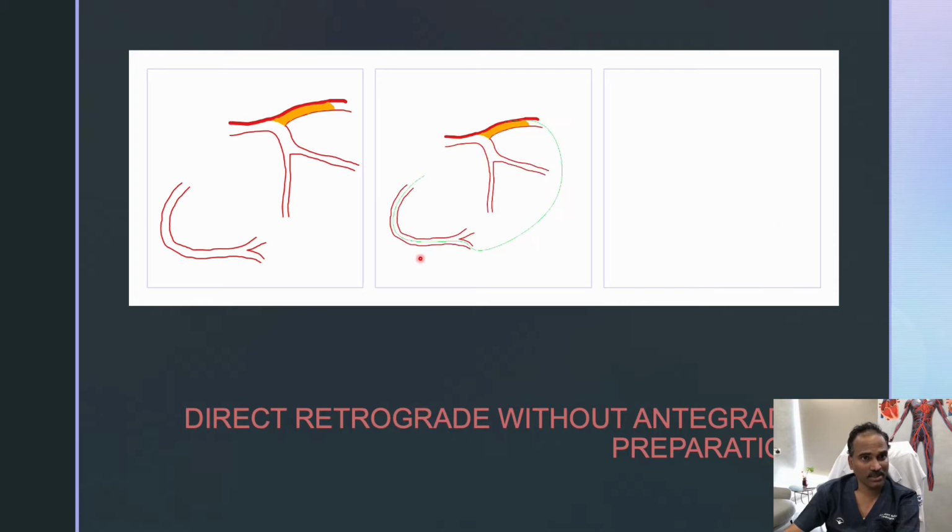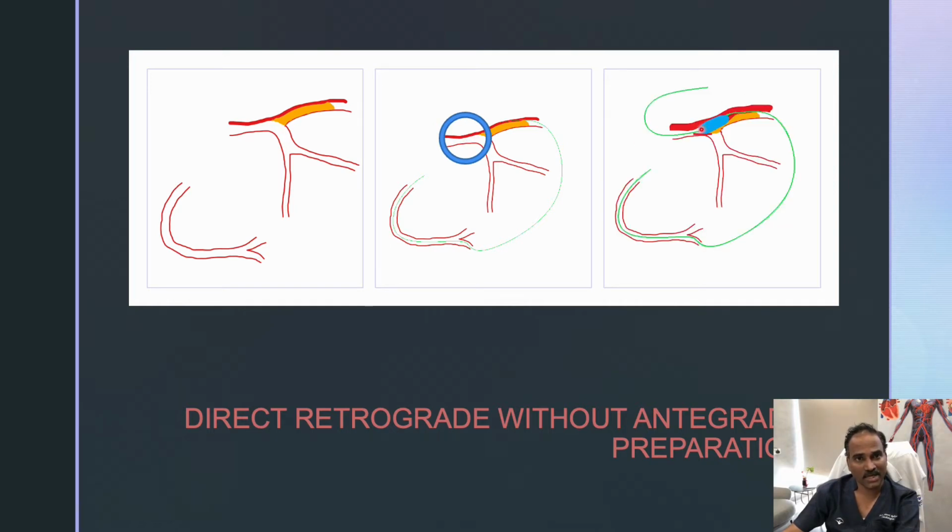You see here, our retrograde wire is here already, and we are trying to cross the lesion, and if you come out in this area, that is in LMCA, which is nothing but a kind of extended reverse CART, or the wire entering into LMCA here. In such situations, when you dilate with the balloon after externalization, you will end up closing LCX.